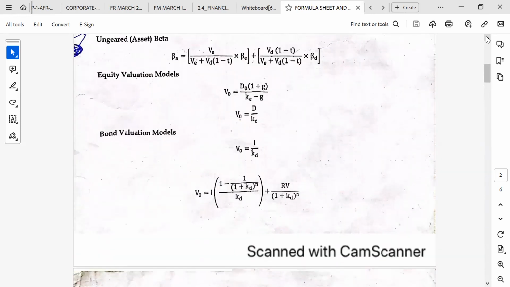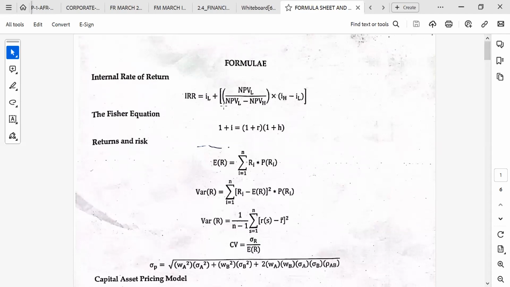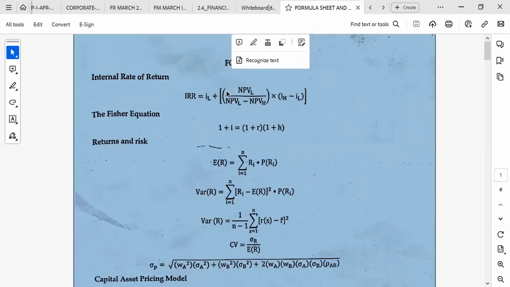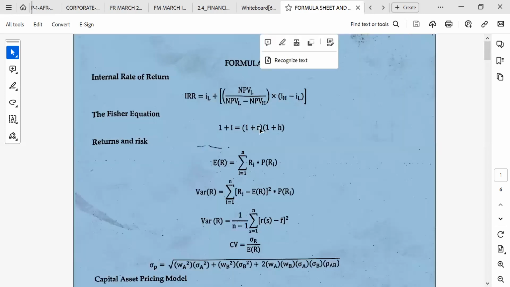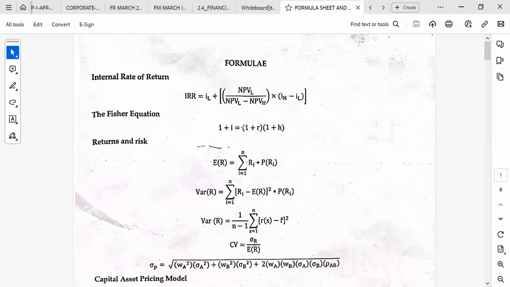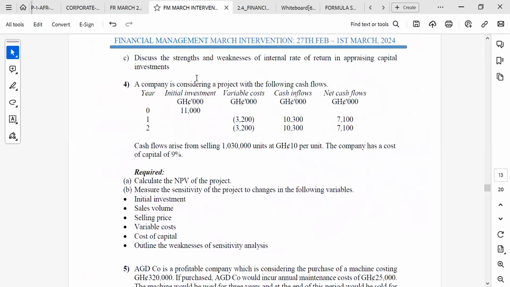But let me show you the formula itself. So you can see the internal rate of return. This is the formula, the first one. The one that we have used first is the Fisher's equation. The one that I've used to calculate that one is the Fisher's one over here. So they will provide you with the necessary formulas in the exam.